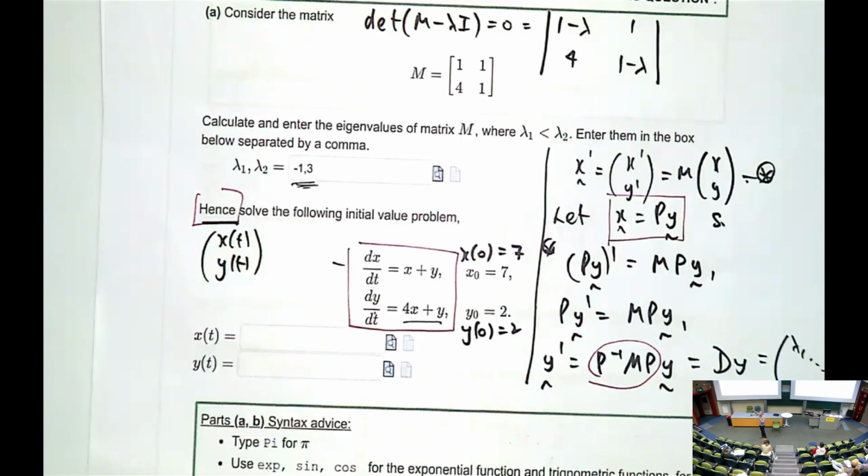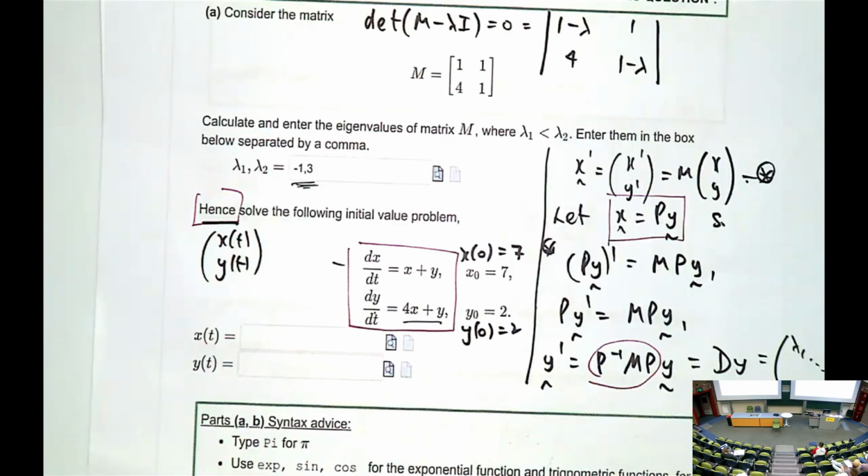That's where the diagonal matrix comes in. We solve that, and then we transform it all back to the original setting.